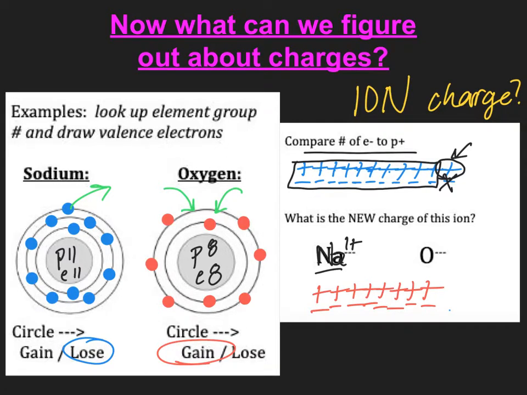It gained 2 more electrons. So these continue to cancel each other out, and I have 2 additional particles, which are negative, meaning oxygen is 2 minus. So the charge is coming from the imbalance of protons to electrons. They all started even, but changed to have a charge depending if they gained or lost.